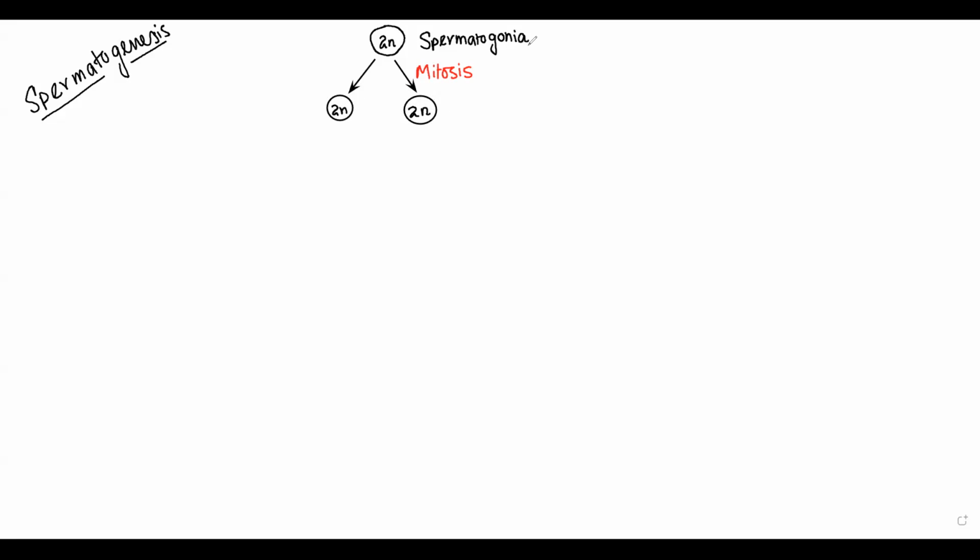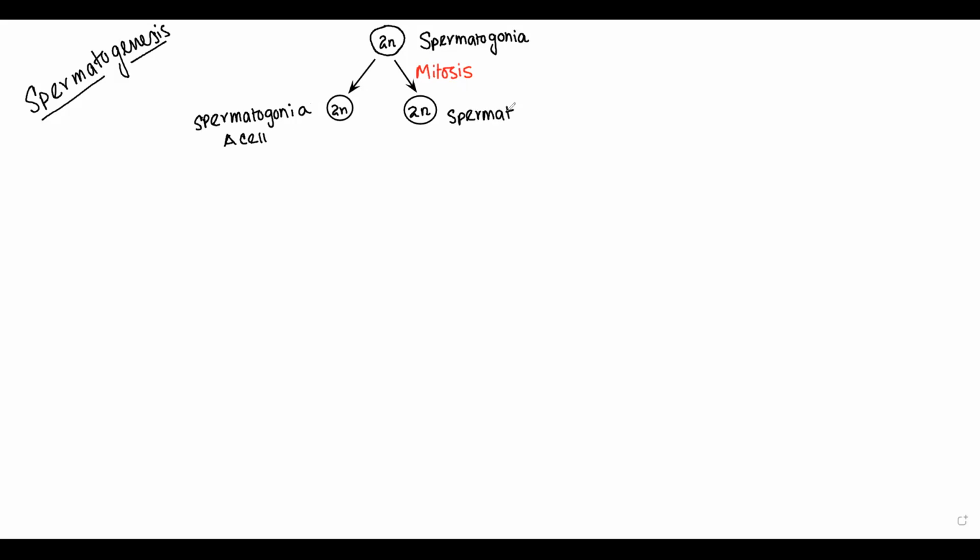Right now, see, the first one is called spermatogonium, or spermatogonia A cell, and this one is spermatogonia B cell.